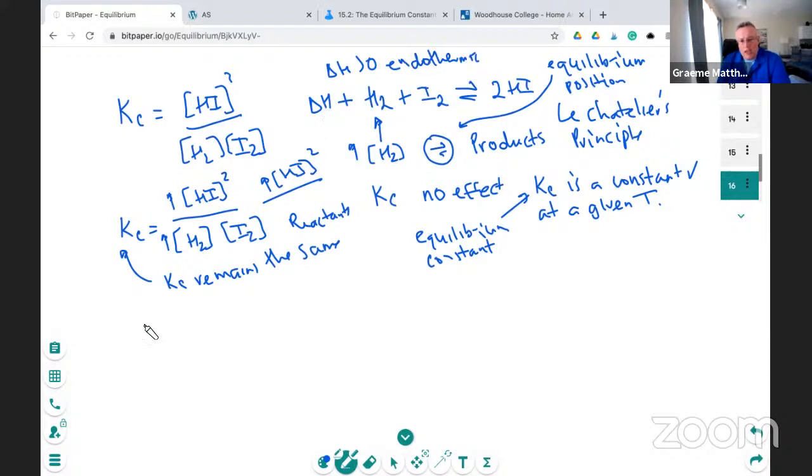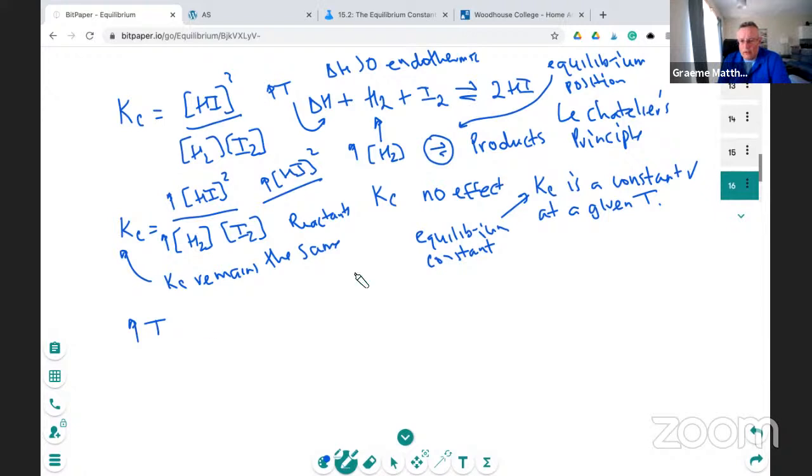Now if I increase the temperature, move away from the side you add, isn't it? So if I increase the temperature, it's like I am adding energy in. My enthalpy is going to move over to the right-hand side. True.